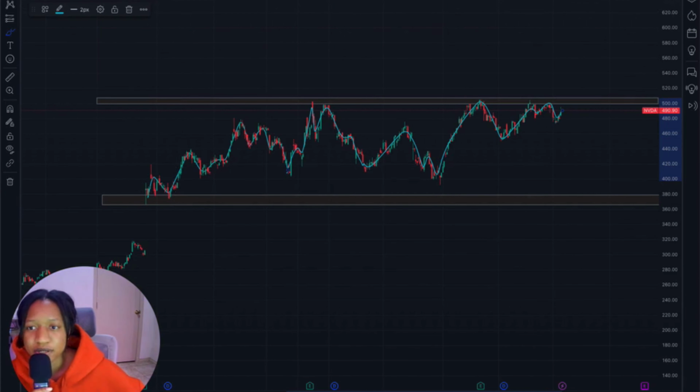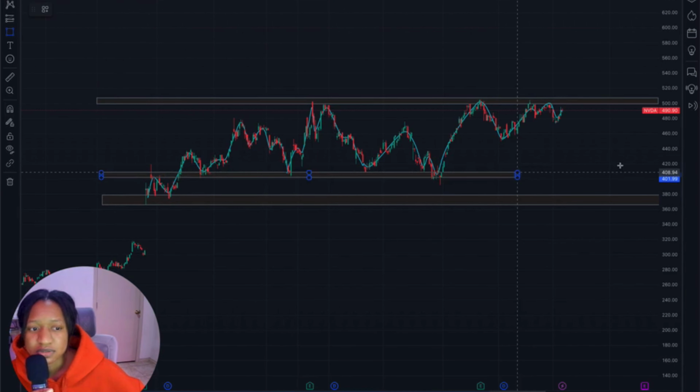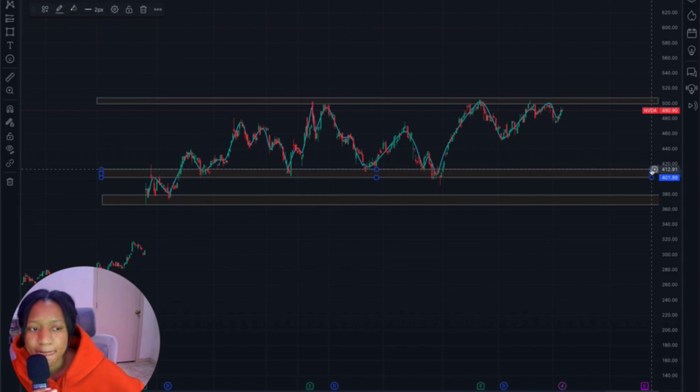Now is when I use the beams or rectangles. So obviously price tested here many times, so this can count as support. We get the drawing tool again.